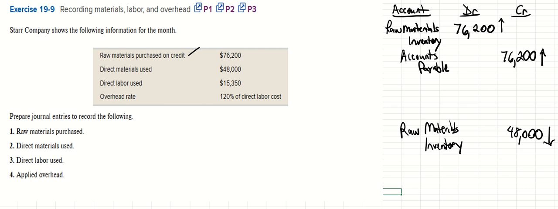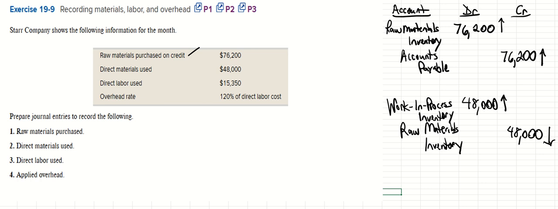Now, since direct materials were used during this process, direct materials, or raw materials in this case, were transferred over to what is called the work in process inventory account for $48,000. So we're going to debit that account. We're just going to increase the balance in this inventory account.